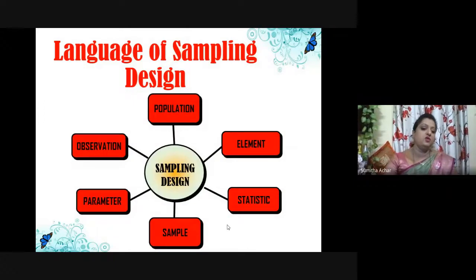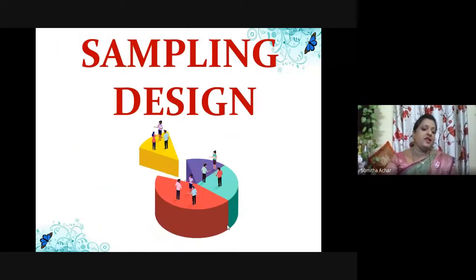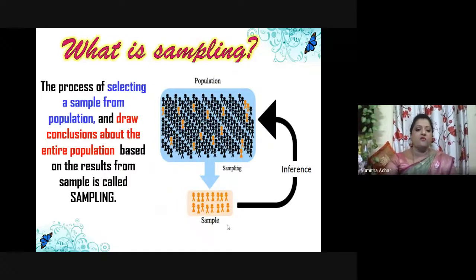Now that you know the basic language of sampling design, you can easily understand the concept of sampling design, right? Now, what is sampling? The first definition of sampling is simply a process of selecting a representative sample. Again, I'm stressing the word representative, right? If you have defined a population, then your sample should be representative of the population.